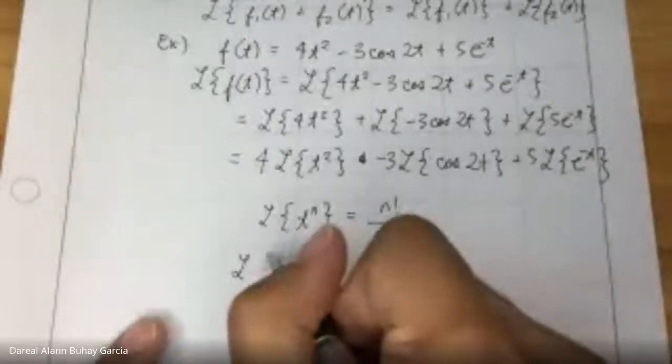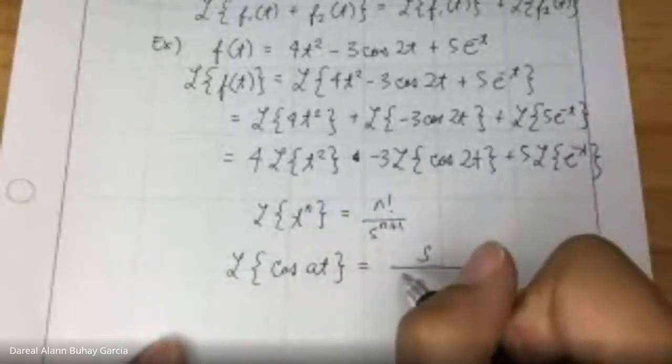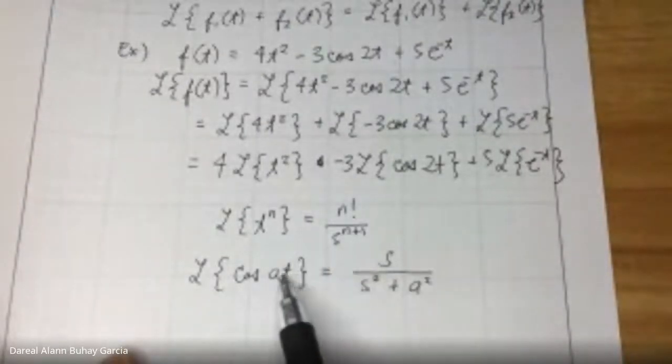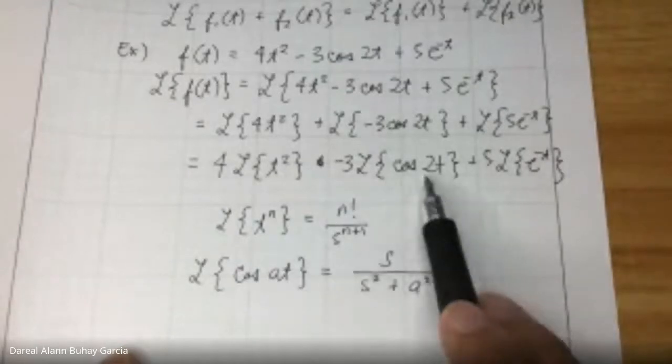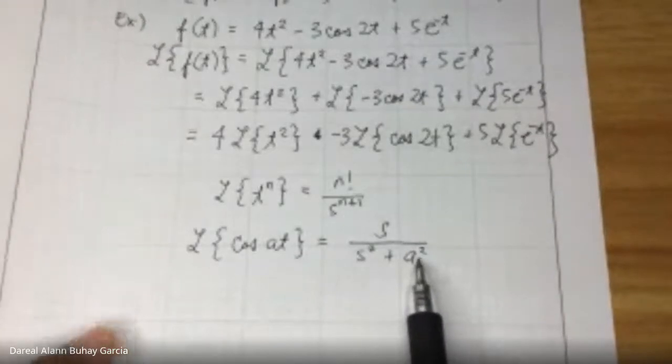Based on the table, the Laplace transform of cosine at is s over s squared plus a squared. In this case, our a is 2. So the Laplace transform of this is s over s squared plus 4, since 2 squared is 4.